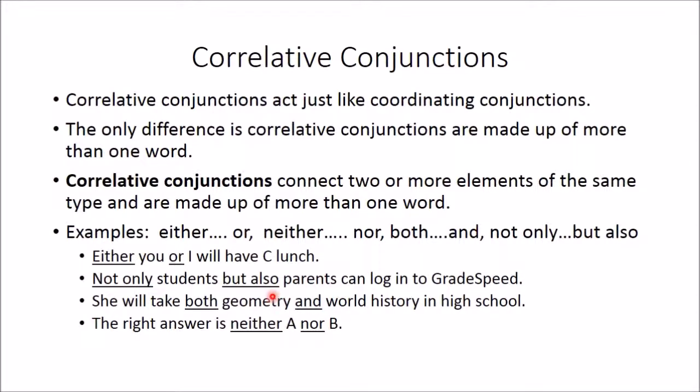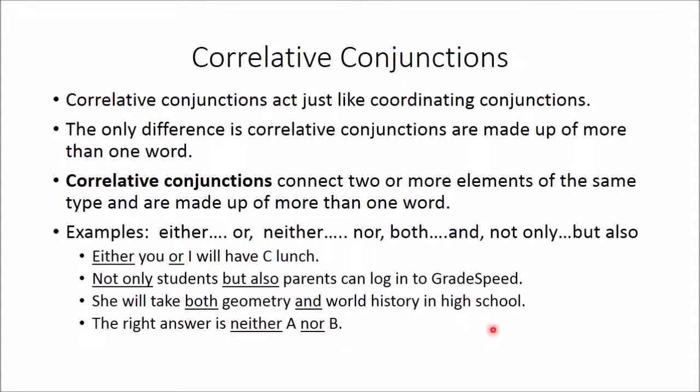So what you have here is compound direct objects connected by correlative conjunctions. And that is exactly the way a coordinating conjunction would work, except with correlative conjunctions, you have two words, okay? And it can be either/or, not only/but also, etc.